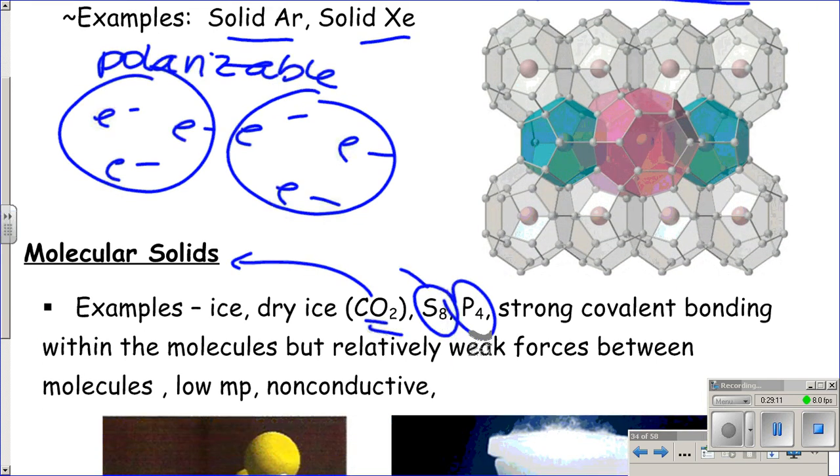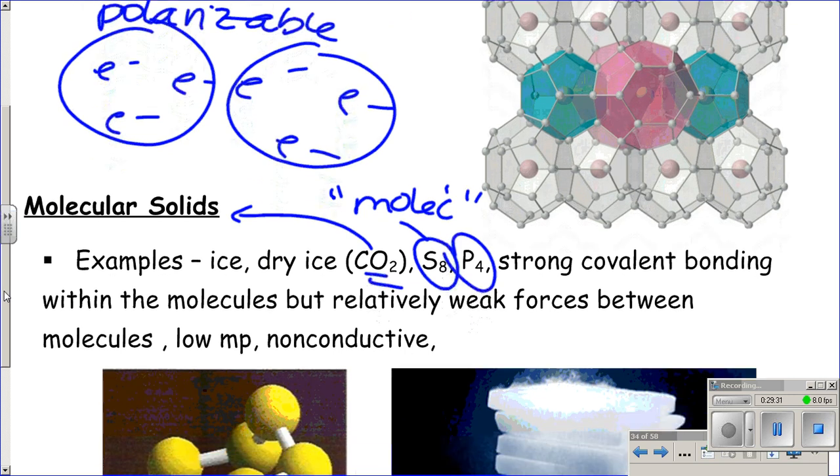This one is a molecular solid because it's not just a single atom, but it is all of the same atom. You see the difference? Most times molecular solids are true molecules of different atoms, but these happen to be allotropes, which are molecules because they're not single atoms. They're a bunch of the same atom together.